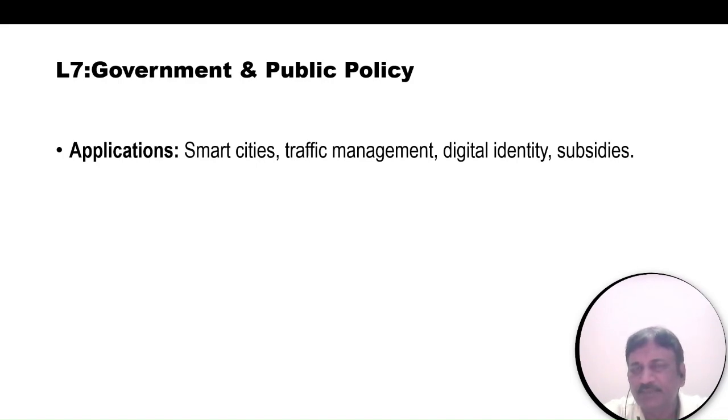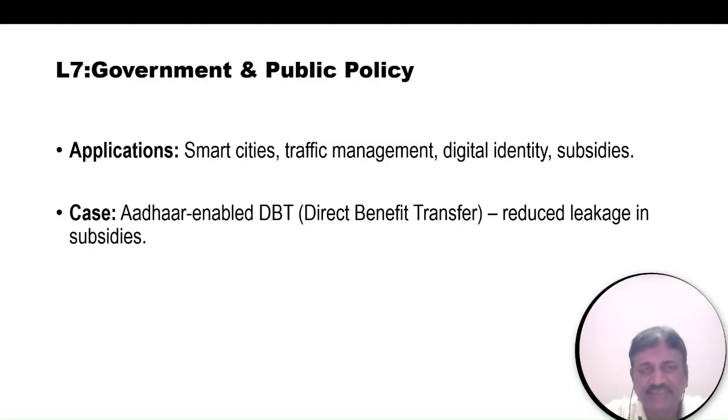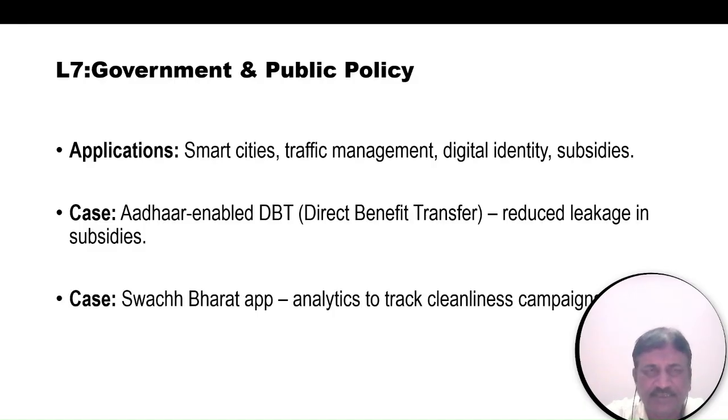Digital identity by means of Aadhaar, etc., and accordingly subsidies are provided based on the data collected by the government. Case: Aadhaar-enabled direct benefit transfer. It is a facility, plus analytics is also supporting the benefit transfer and reducing leakage in subsidies because of this.